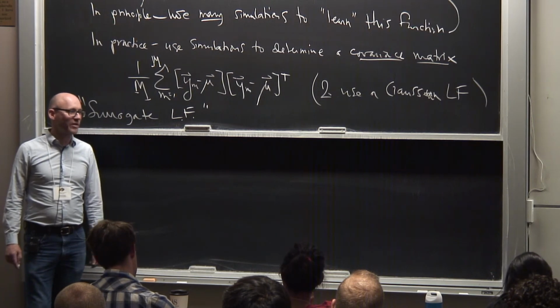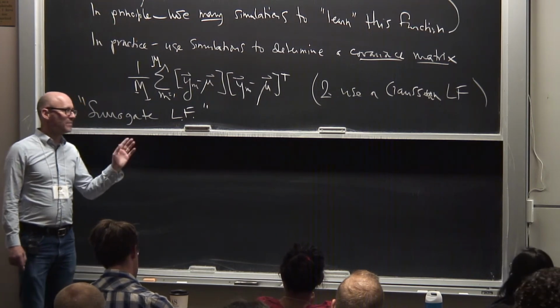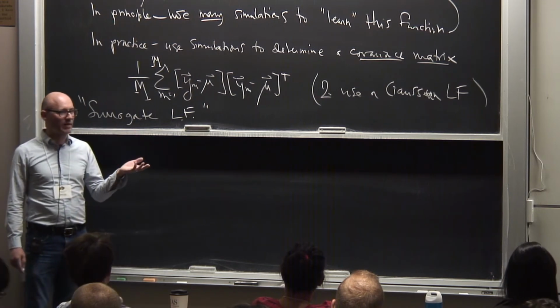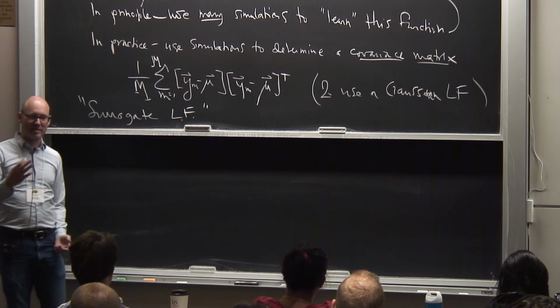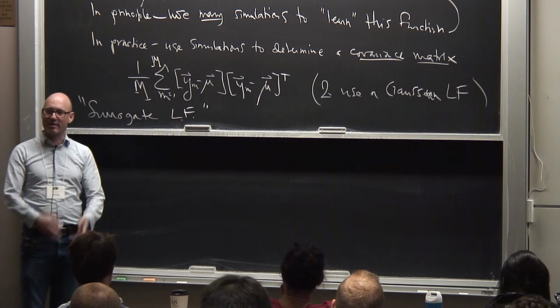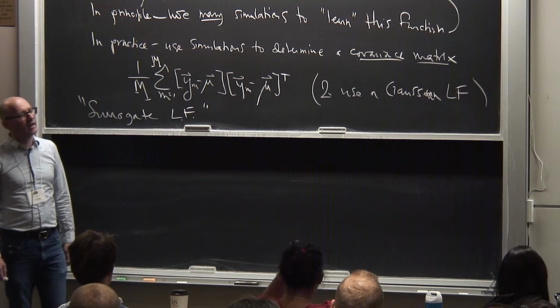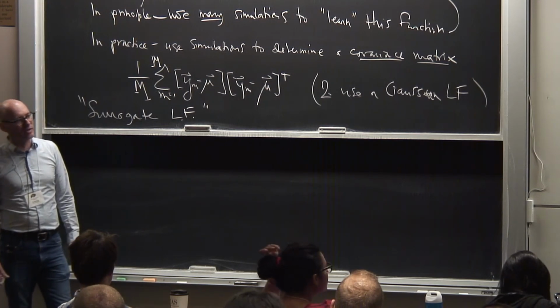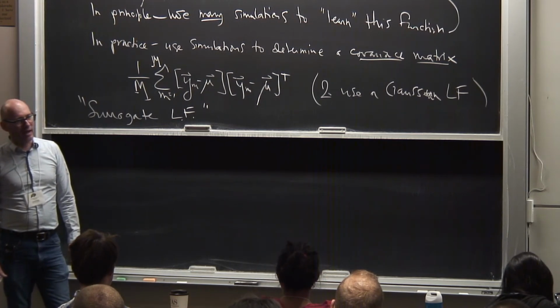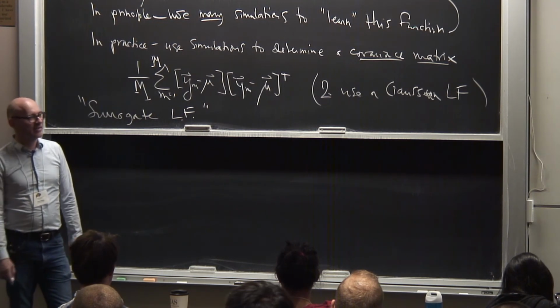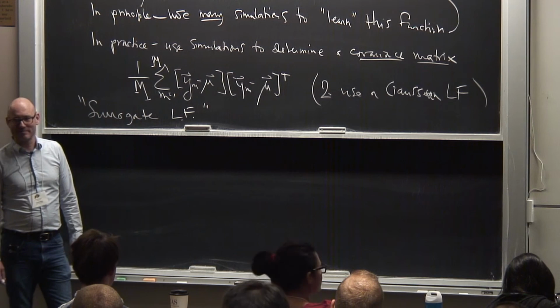In fact, probably before the cosmologists even thought this up. It's been done in statistics because there's many problems in statistics where you can't write down the likelihood function. So you do something sensible to come up with a surrogate function that replaces your likelihood function, and you do your inference with that. And that is what we do in cosmology large-scale structure projects. And that is the dirty laundry of my business. I'm done.